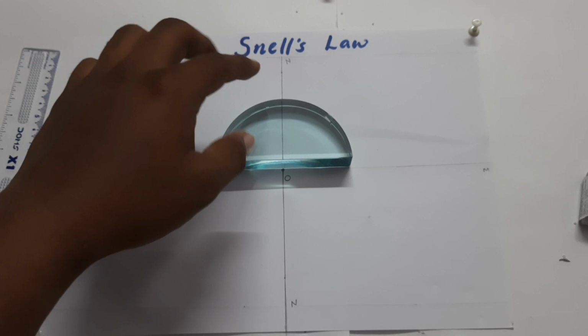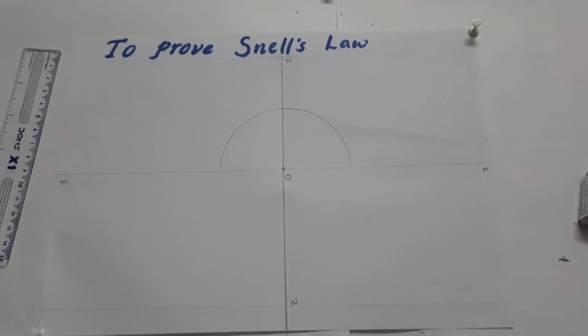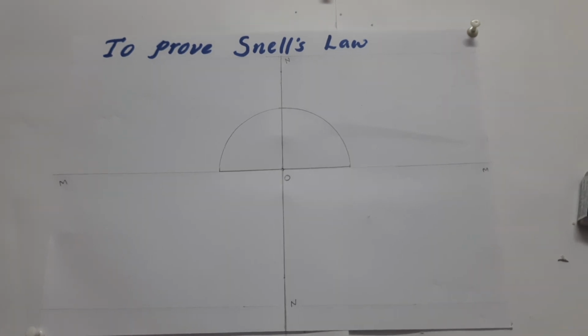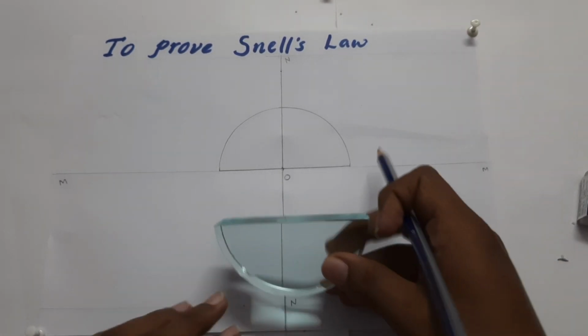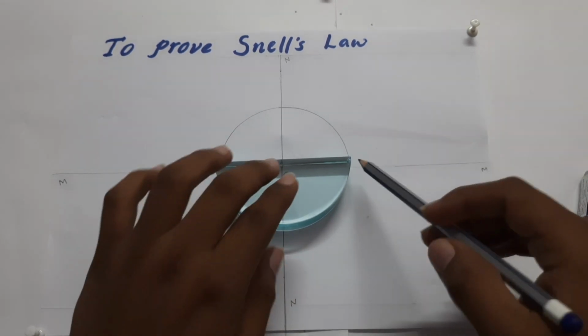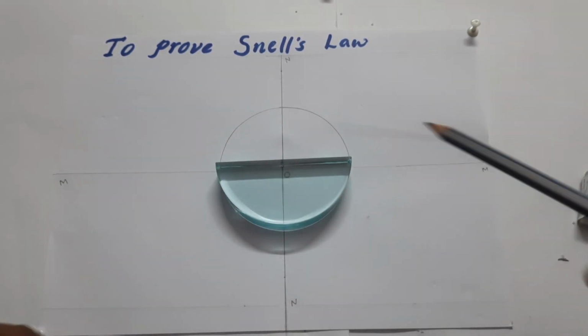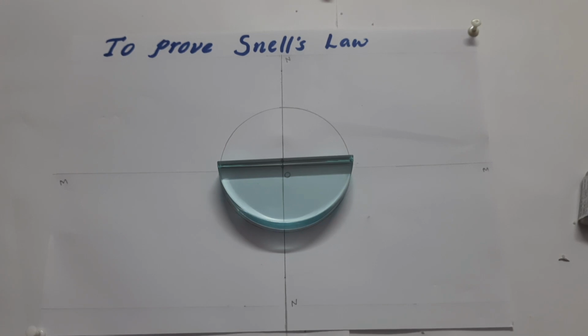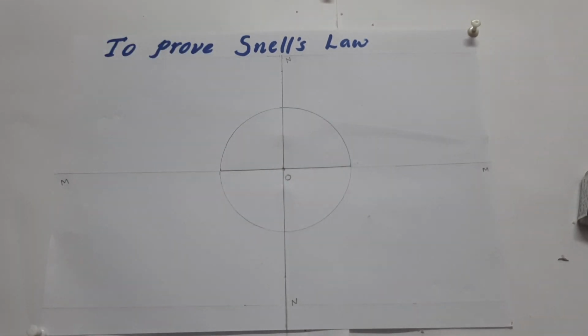Now take it out. Now invert the semicircular glass slab and draw the outline. And take the semicircular glass slab from the position.